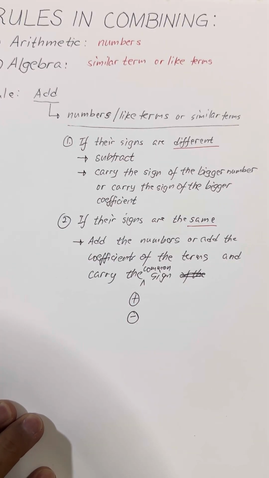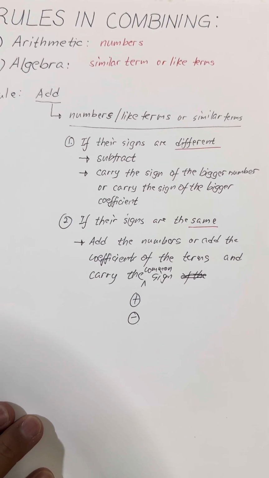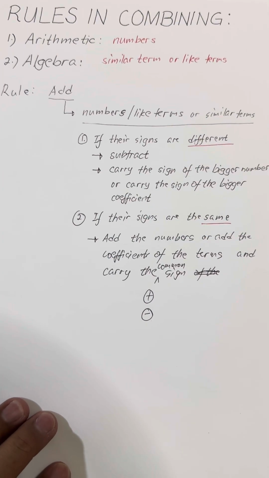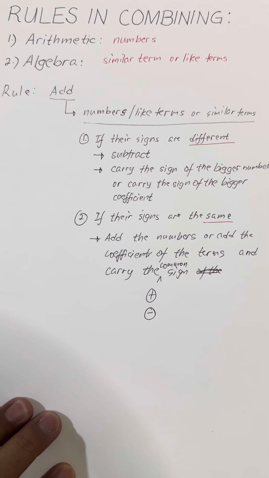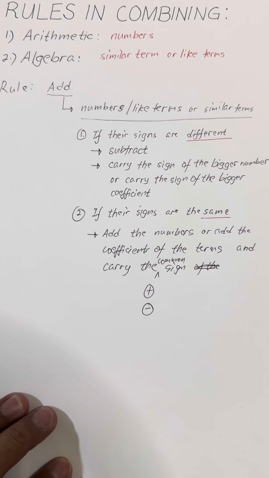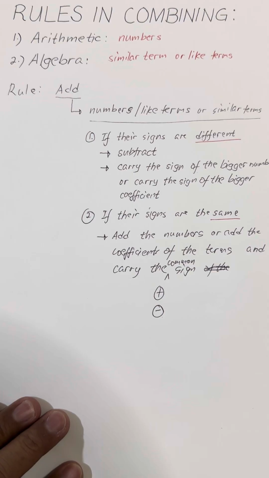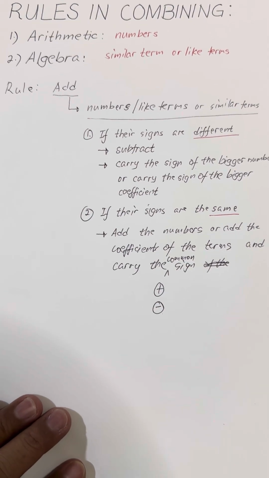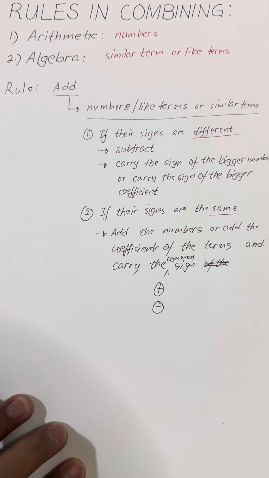So these are the very important rules that students or pupils miss to understand, or perhaps forget how to apply when they are doing arithmetic or dealing with algebra. This is very important, and if you are a student watching this video, I hope that you will remember this always, because this is where students commit mistakes, because of this simple rule that they cannot follow, or they don't know how to do combining.